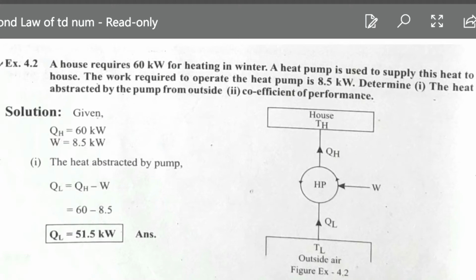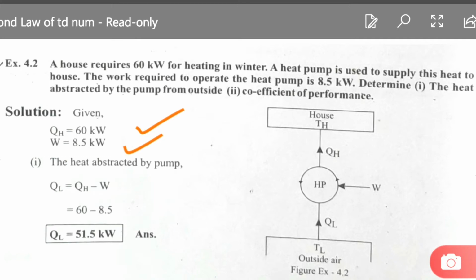Determine the heat extracted by the pump from outside, and second, the coefficient of performance. First of all, the given data: QH is 60 kilowatt and W is 8.5 kilowatt.